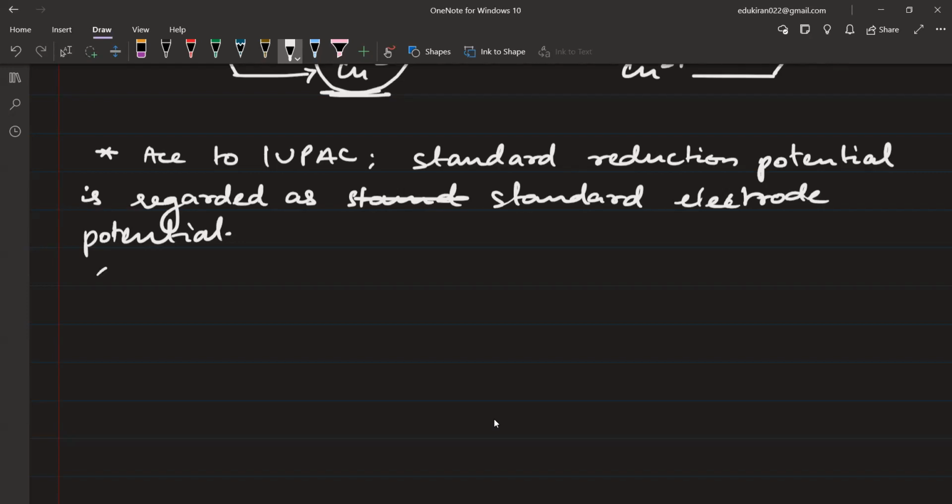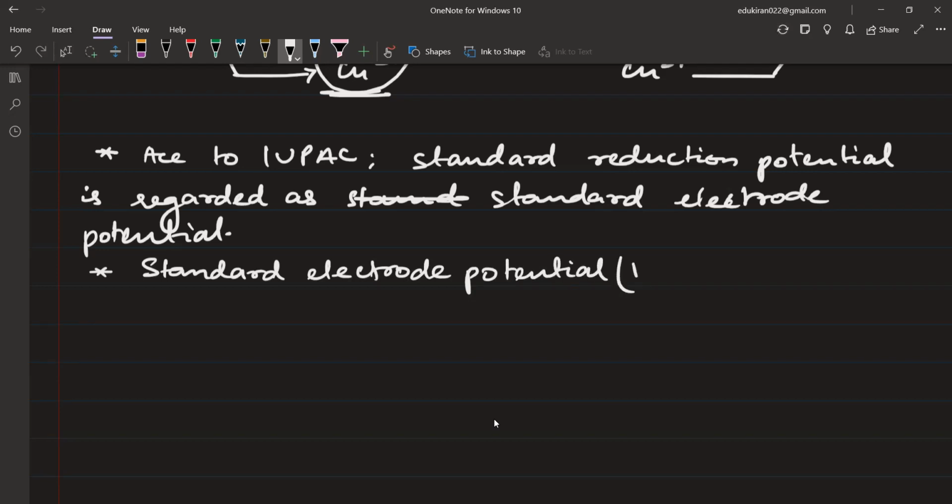Next point you will write: standard electrode potential is written as E naught. Okay, standard electrode potential is an intensive property.